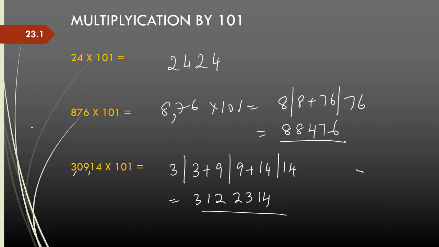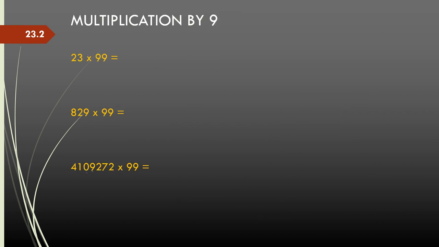Similarly, I can extend this process to multiplying by 99, because 99, if I write in vinculum form, is 10 bar 1, that is 100 minus 1. If I use a similar process, if it is a 2 digit number, say I am multiplying 23 by 99, I just write 23 first, and then bar 23.